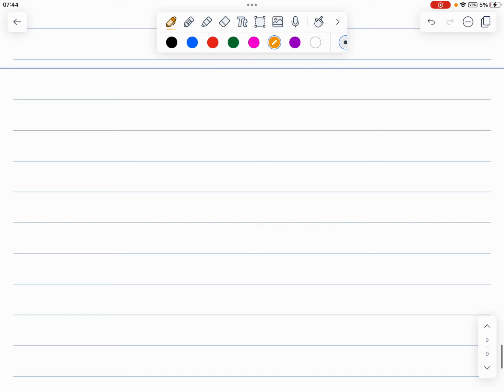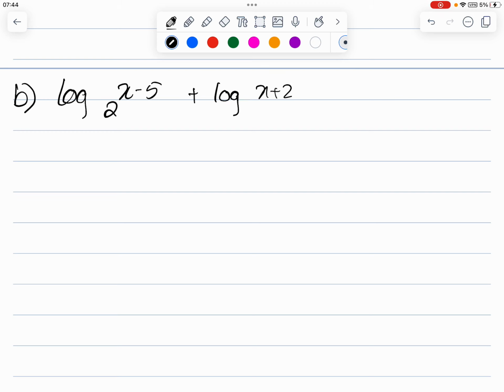Coming to part B of the question. What is part B? log (x minus 5) to the base 2 plus log (x plus 2) to the base 2 equals 3. Find x. So both are logarithms with the same base, so you can multiply them out. Addition becomes multiplication.